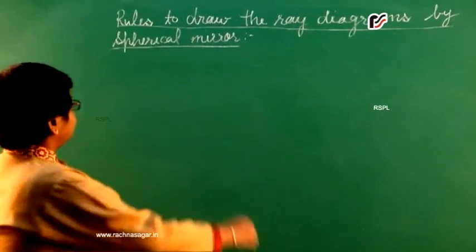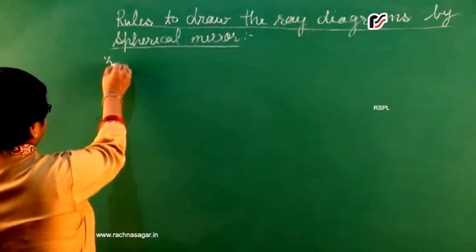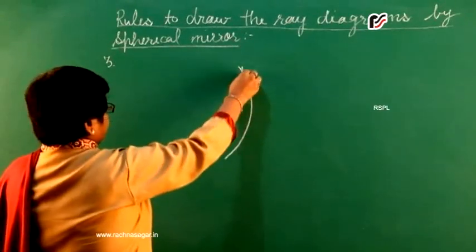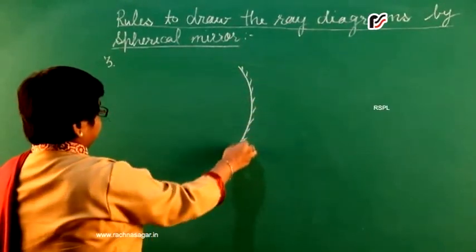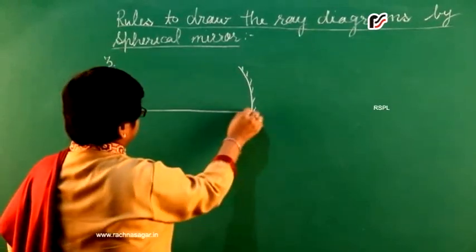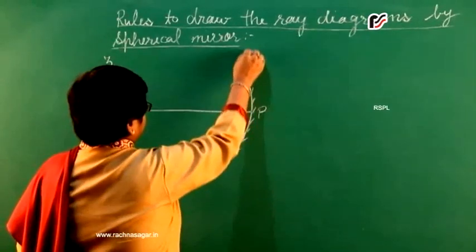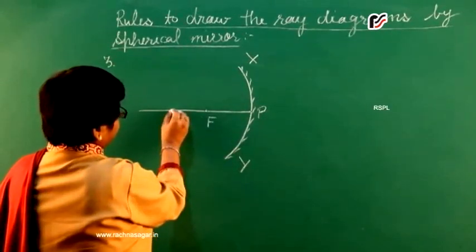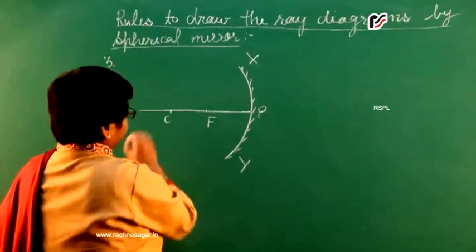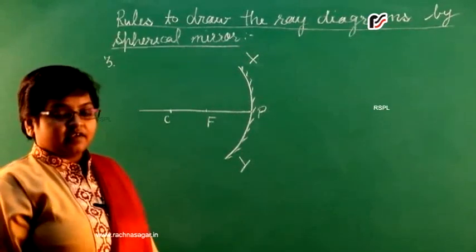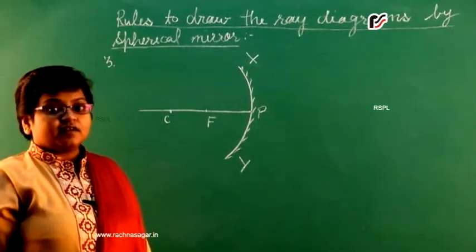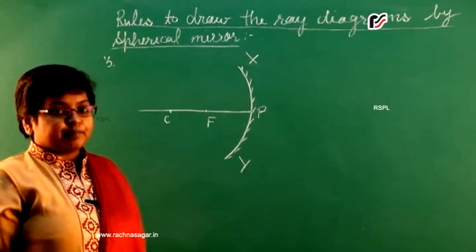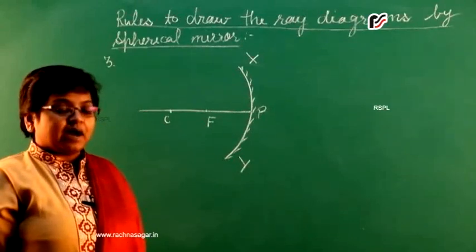Case 3 is: if any ray incident on the spherical mirror passes through the center of curvature, it bounces back on the same path.